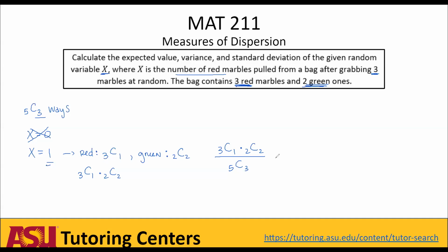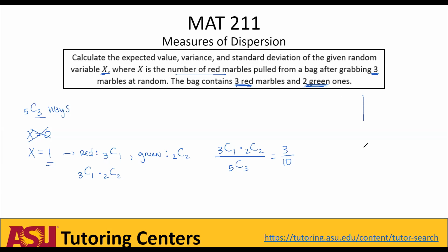And this is equal to, actually, 3 over 10. So that's our probability that x is equal to 1. We'll write this over in the corner here for now.